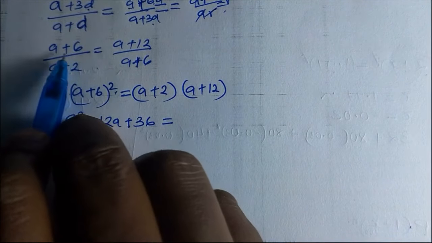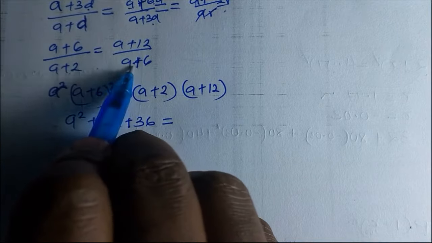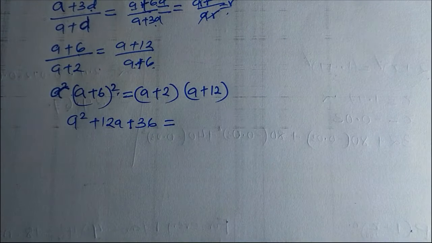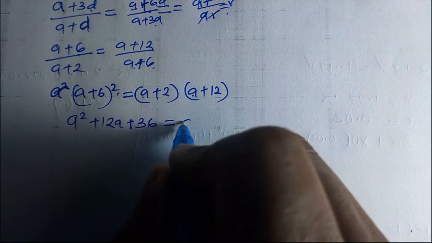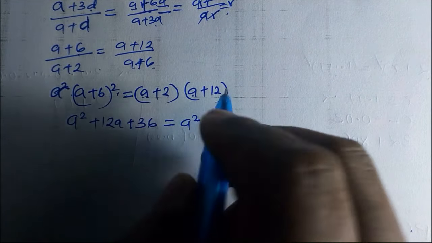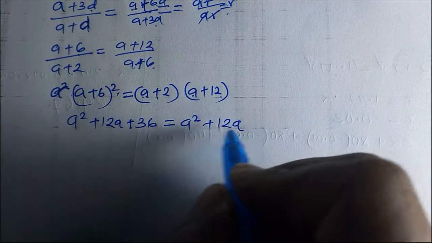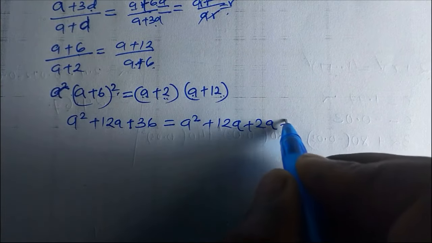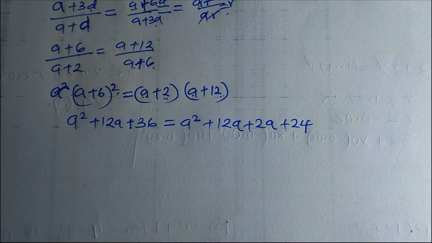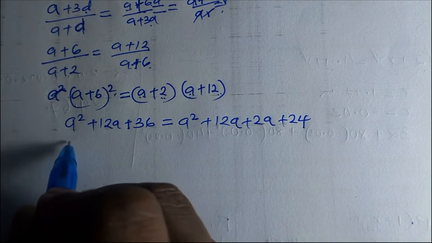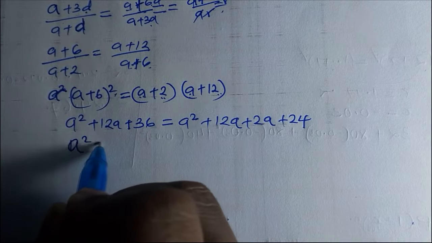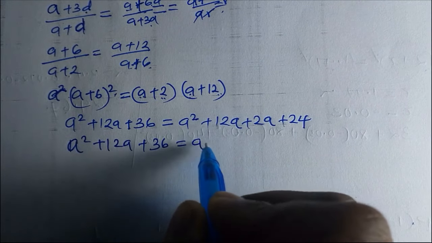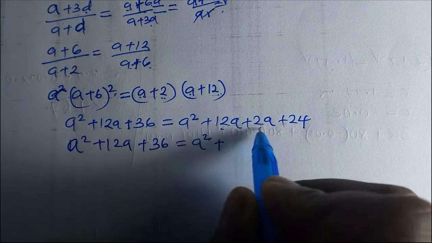This times this, this times that, and finish. You will get the same answer. This times this, A squared. This times this, 12A. This times this, plus 2A. This times this, plus 24. So A squared plus 12A plus 36 will be equal to A squared plus 14A plus 24.